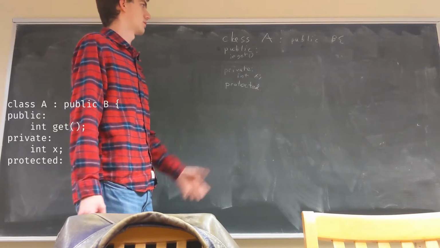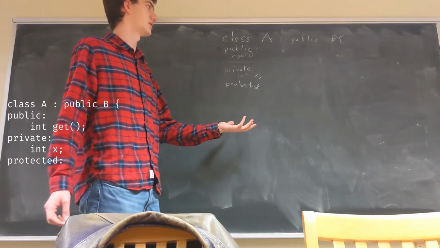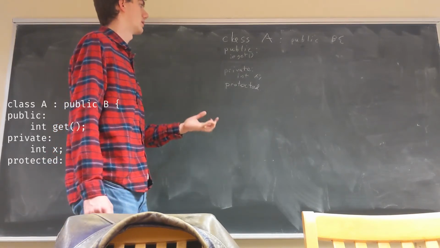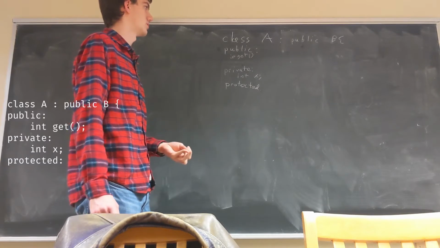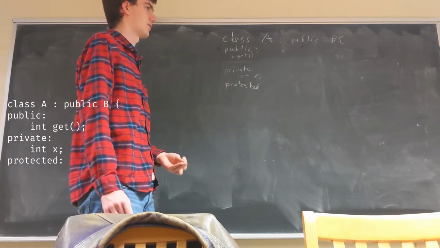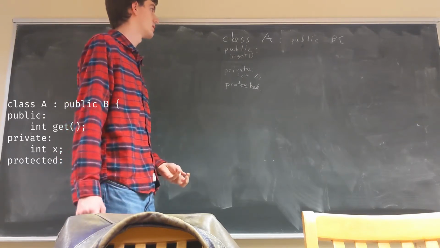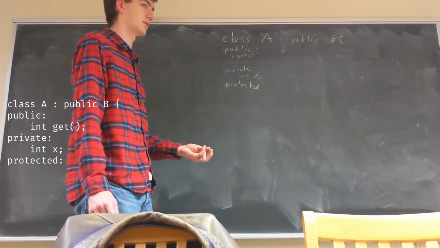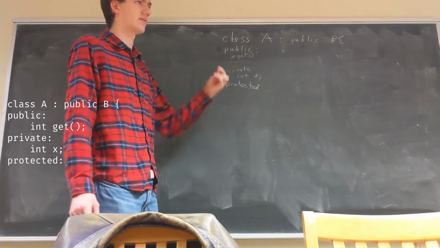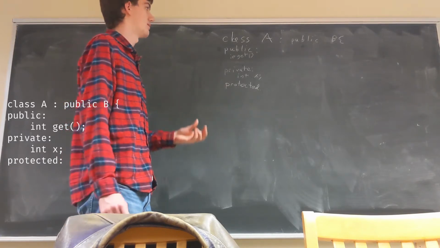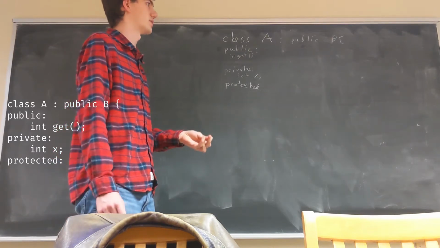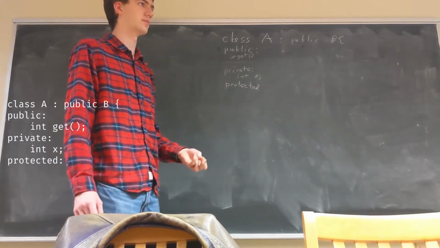You may be familiar with the concept of a struct from C. You can use structs in C++ as well. And what the language designers decided to do in order to maintain compatibility with the concept of a struct in C is, in a struct in C++, by default everything is public. And in fact, that's the only real language level difference between a struct and a class in C++.